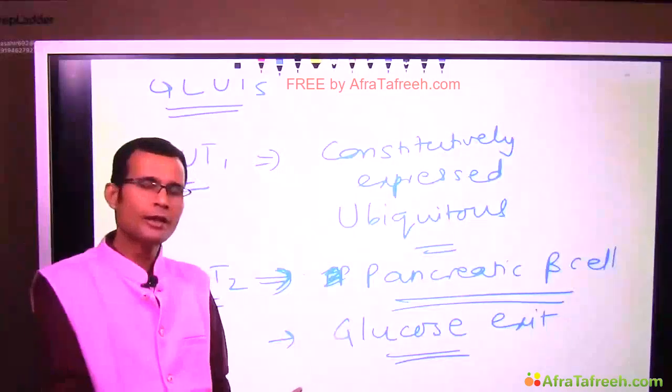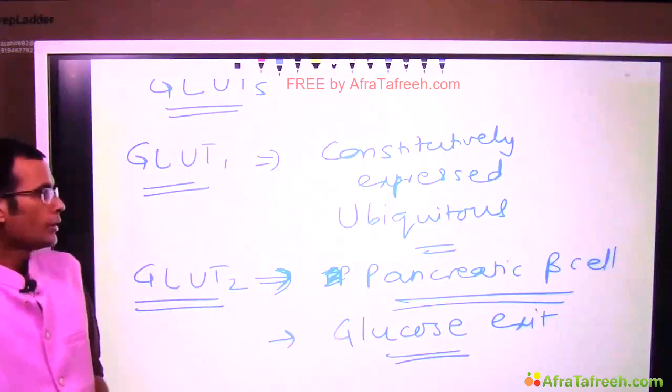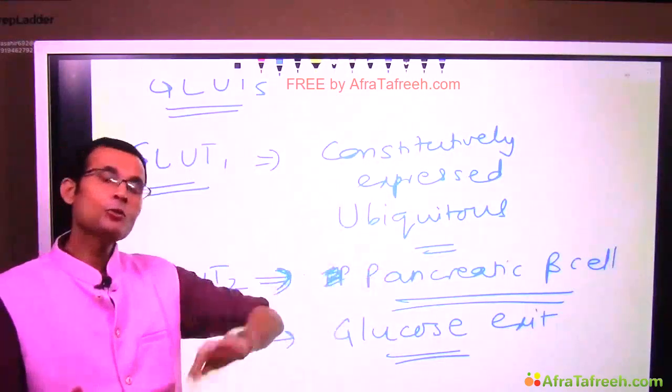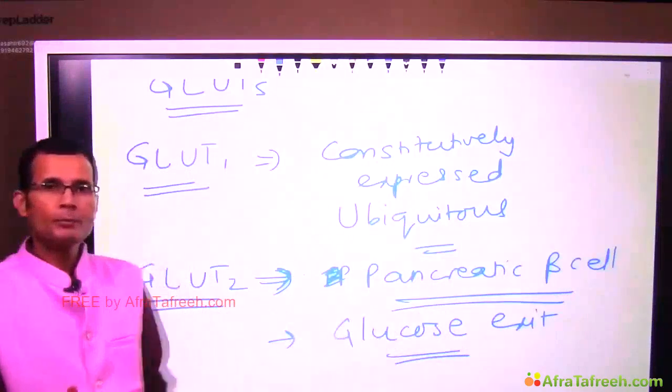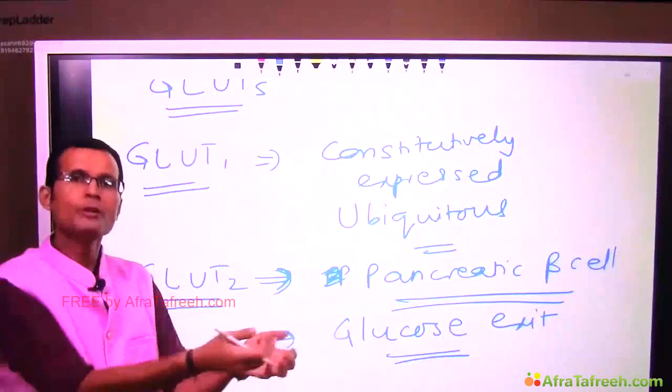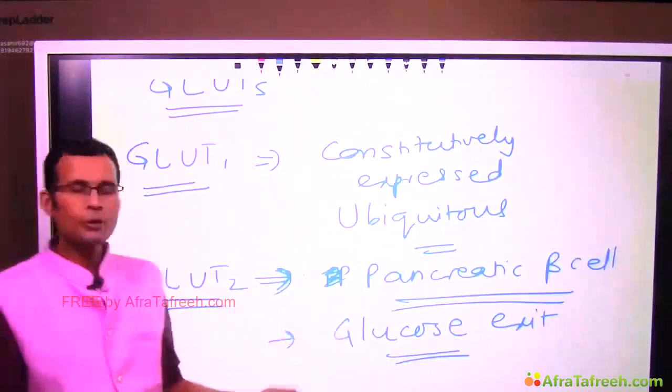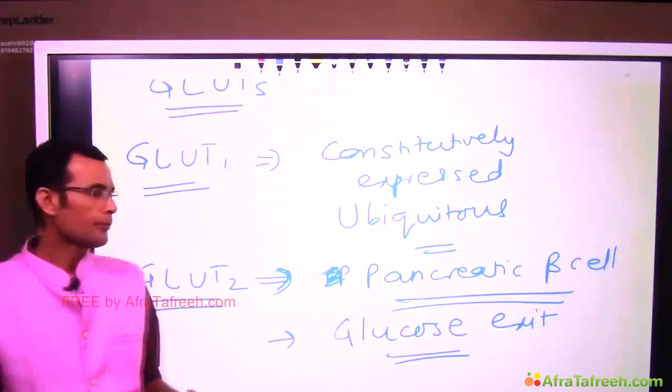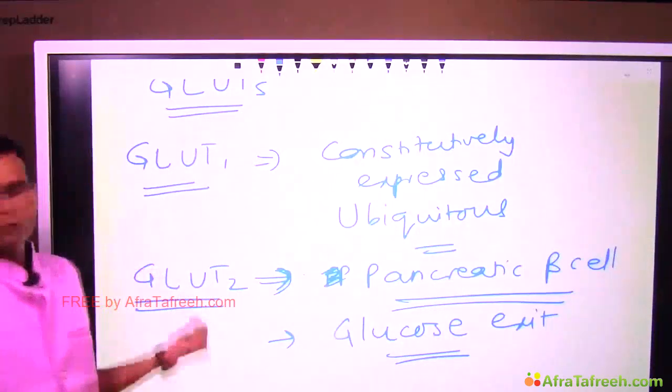Normally glucose enters and gets metabolized. But in the case of GIT and kidney, glucose leaves the cell also to enter the blood. Or in glycogenolysis, glycogen breakdown happens and that glucose which is formed comes out of the cell into the blood. So glucose exit occurs by using GLUT2.